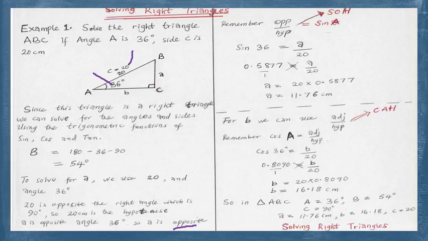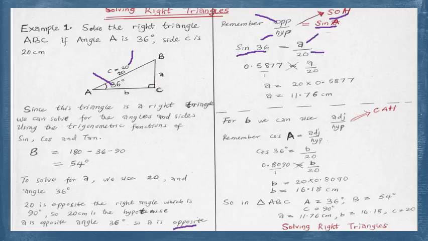Remember from the video on SOHCAHTOA that SO is sine equals opposite over hypotenuse. So sine A equals opposite over hypotenuse, and angle A is 36 degrees. So sine 36 degrees equals a over 20.